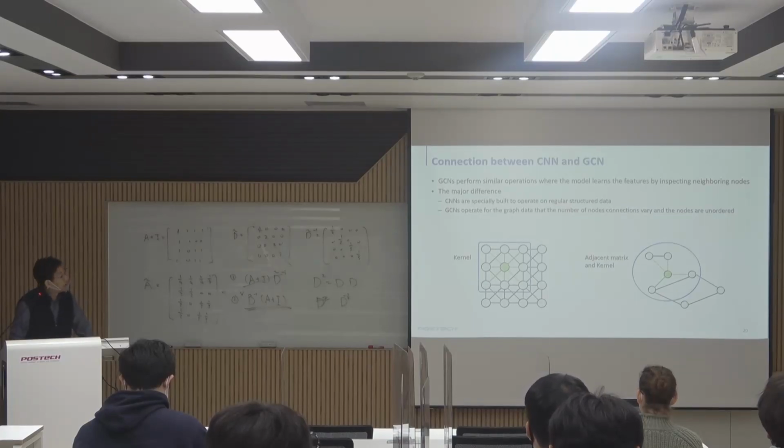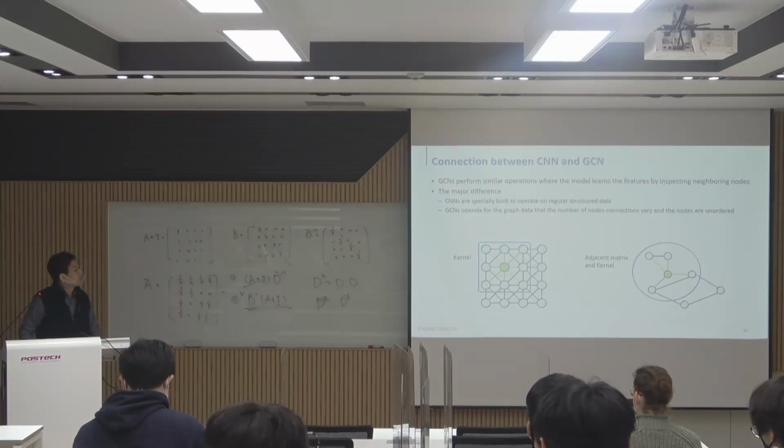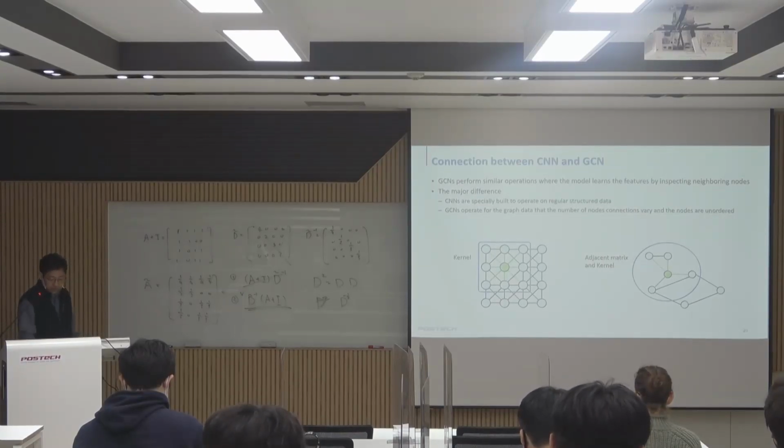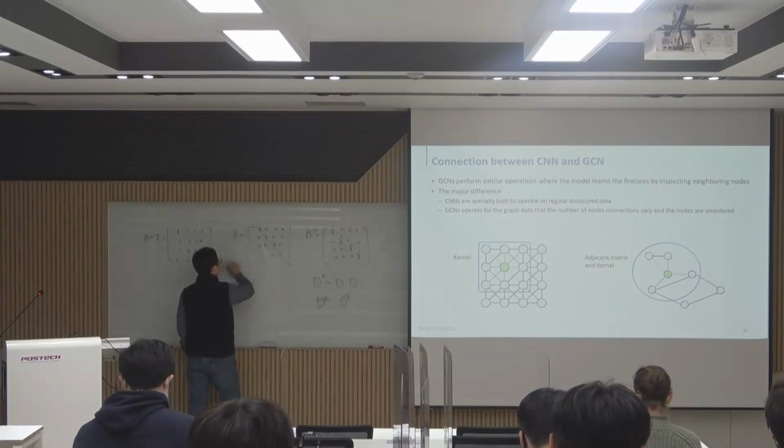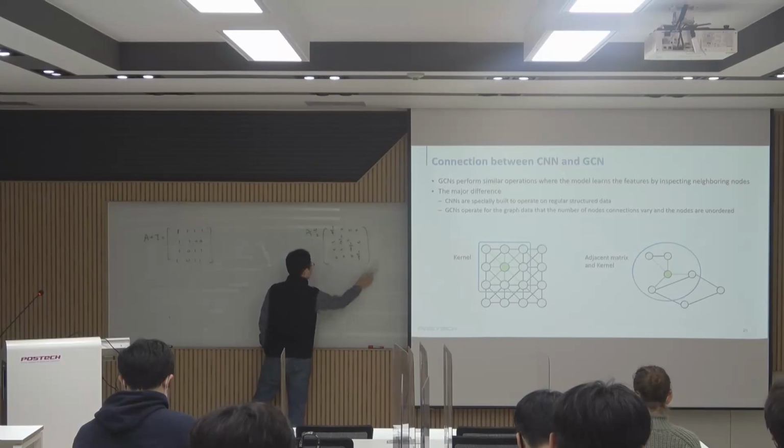Now I want to make a connection between convolutional neural nets and graph convolutional networks. I want to show you some similarities, starting from convolutions.